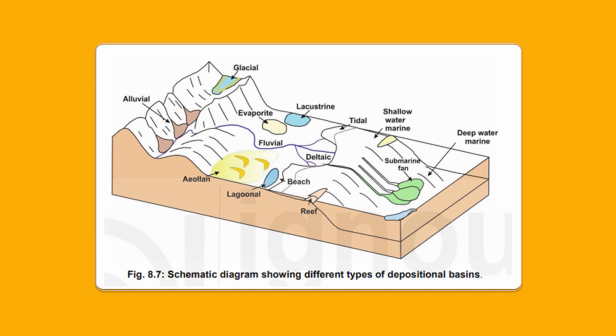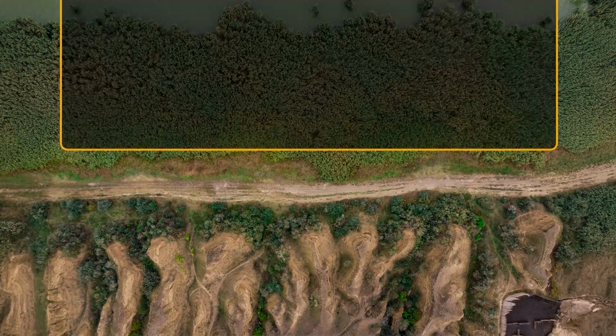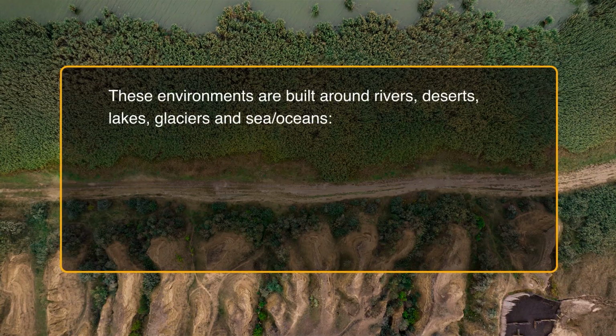You can see alluvial at the top left, then the glacier, then evaporites, lacustrine, then aeolian, then lagoonal, then the beach, deltaic, tidal, shallow water, and then deep water marine at the right side. So, these environments are built around rivers, deserts, lakes, glaciers and the seas and oceans.